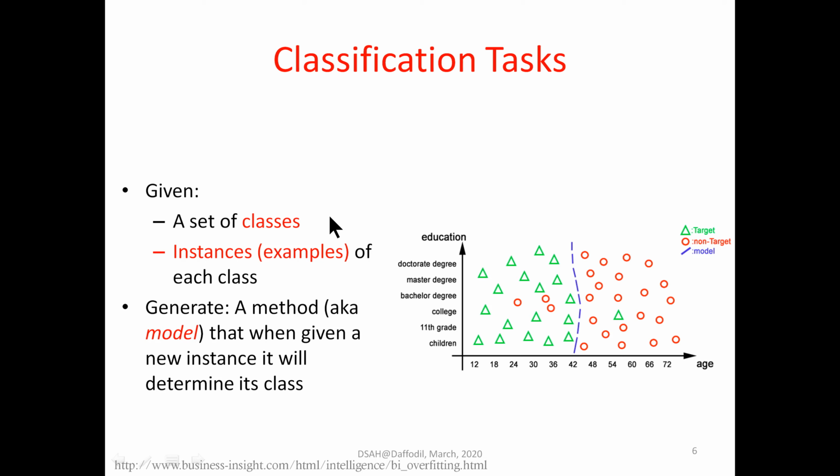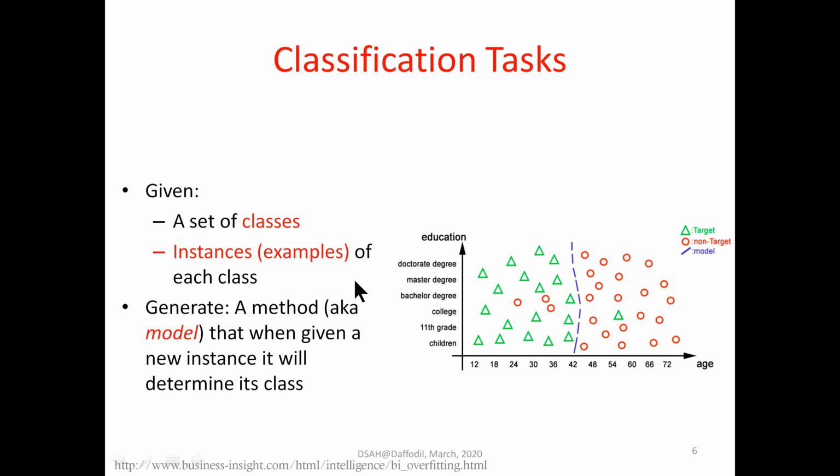So for the classification task, we are given a set of classes and a set of instances. If you take a look at this picture, we have a classification of degrees versus ages. We have a target class, we have non-target, and some specific model.